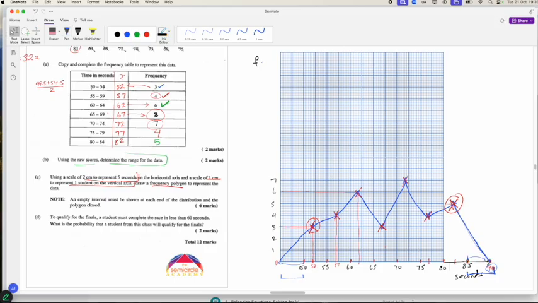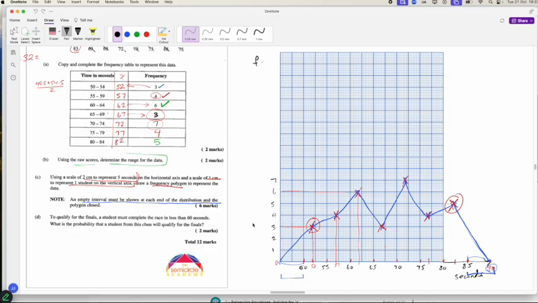Okay, makes sense. Now this is with the note. Note, an empty interval must be shown at each end of the distribution and the polygon closed. That is what we did. This is the empty interval, and this is us closing the polygon. It's Deja who asked this question, right?